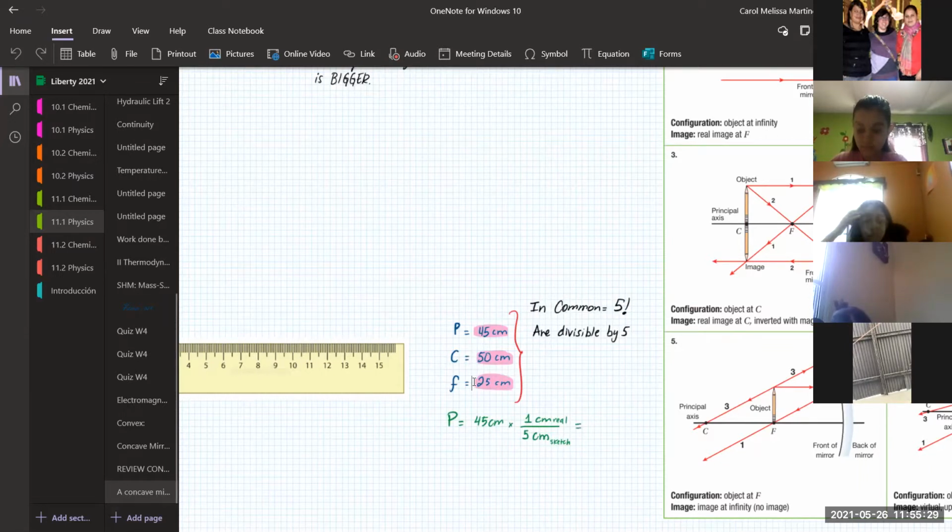So basically all you have to do is divide by 5 because 5 is the common factor over there.